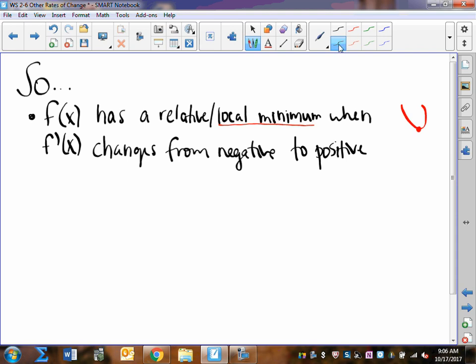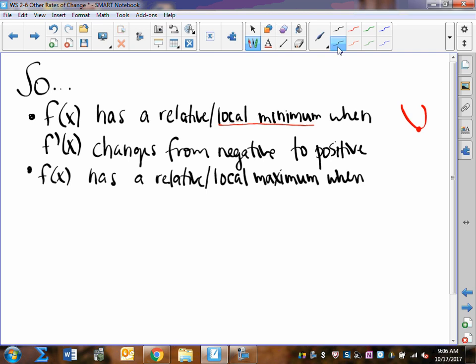And then similarly we can talk about our maximum. So f of x has a relative or local maximum when f prime of x, and again, think about what a maximum is, what does my derivative need to change from?